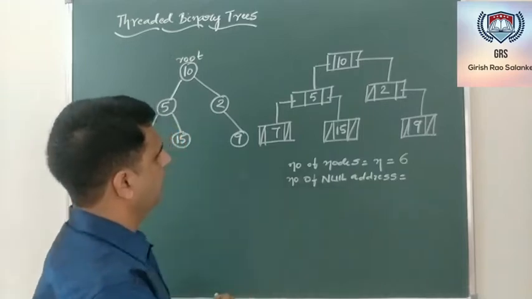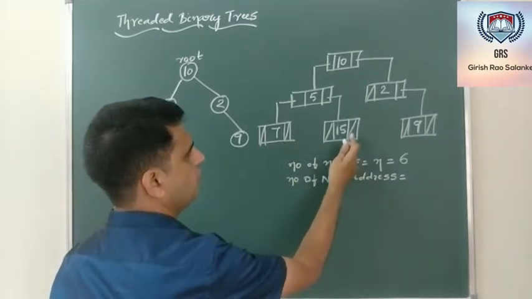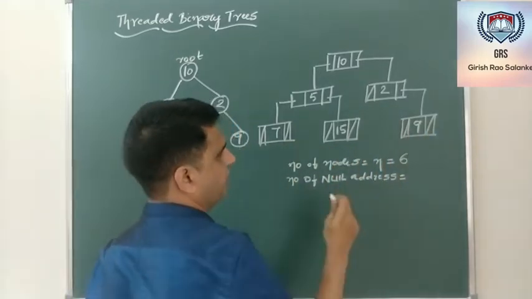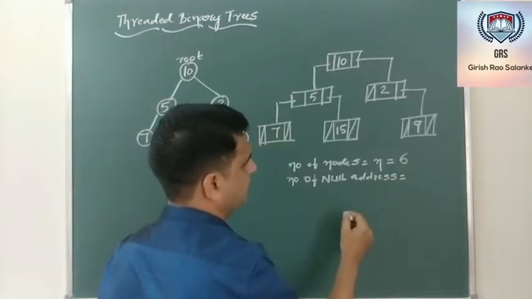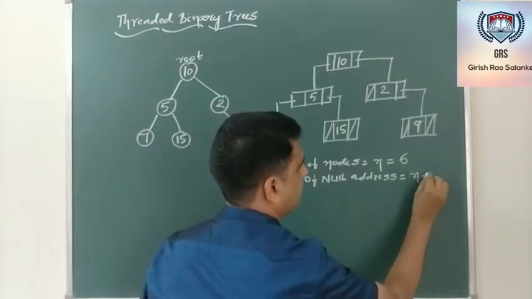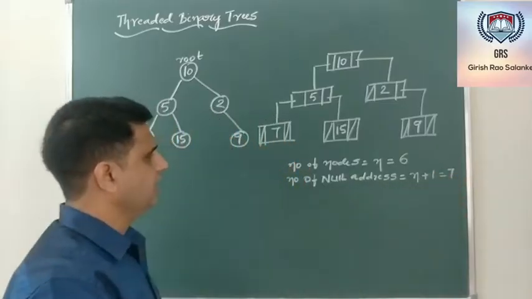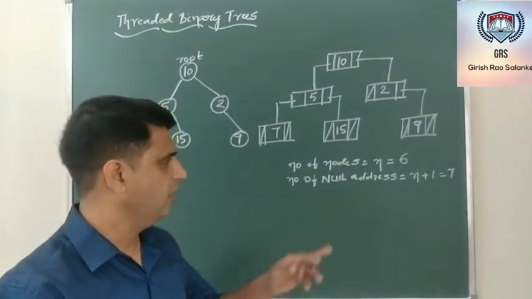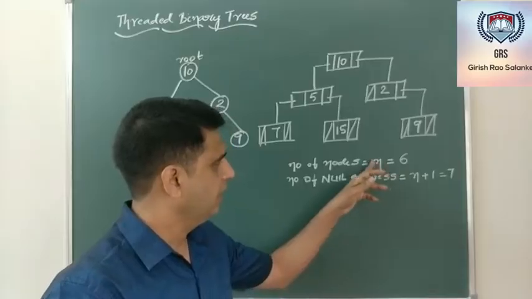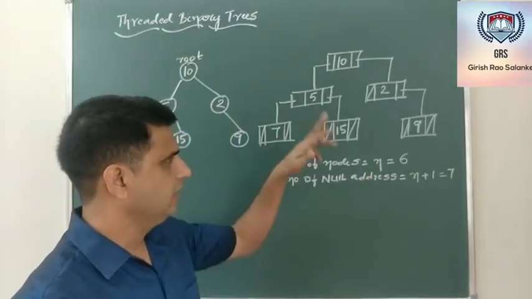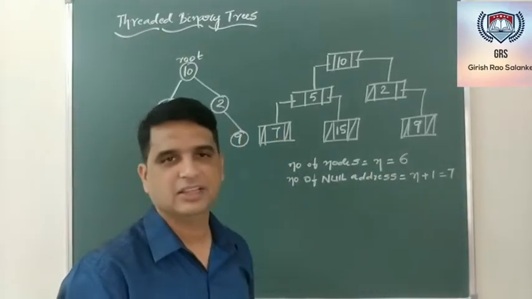How many null addresses are there? 1, 2, 3, 4, 5, 6 and 7. So rather than saying 7, I can call it n plus 1. So in general, if there is a binary tree of n nodes, you can note that the number of null addresses that will be stored in the list representation will be n plus 1.